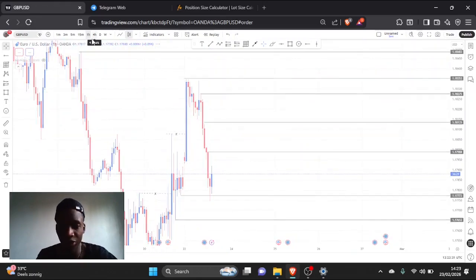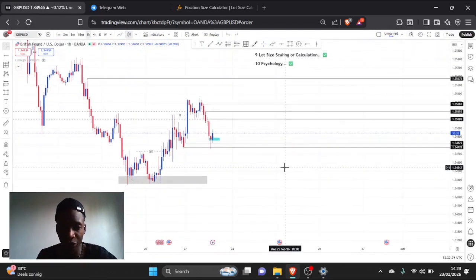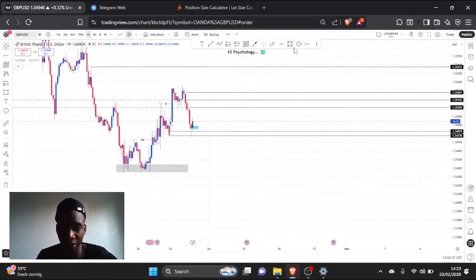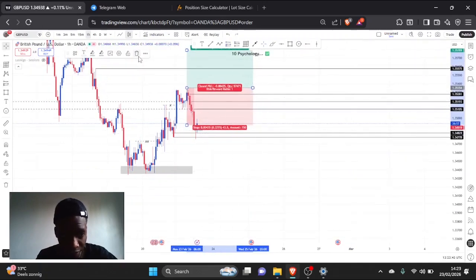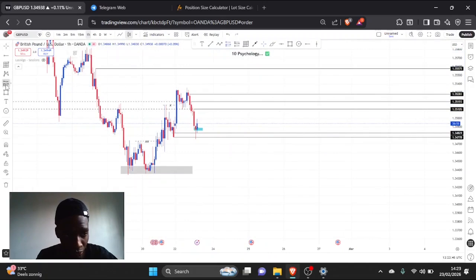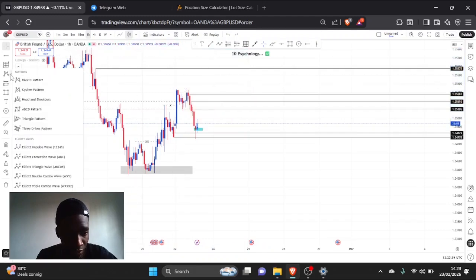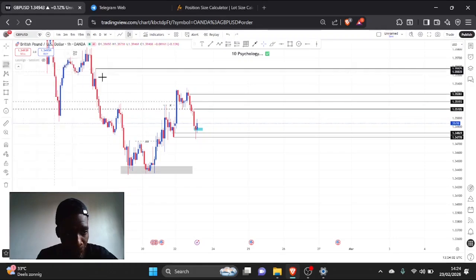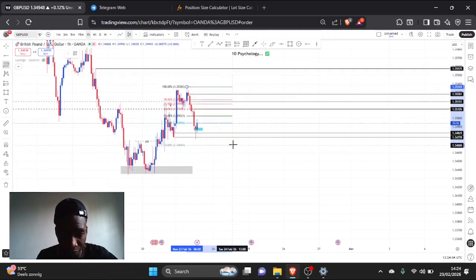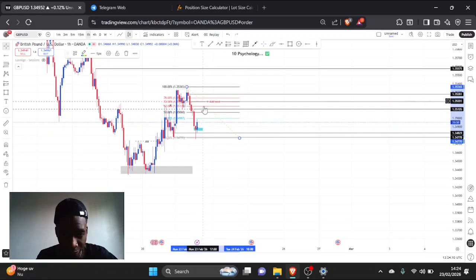So for the UPSD, if we are to continue on the downside, let's use the Fibonacci. Market should have retraced to either of these 2 points.